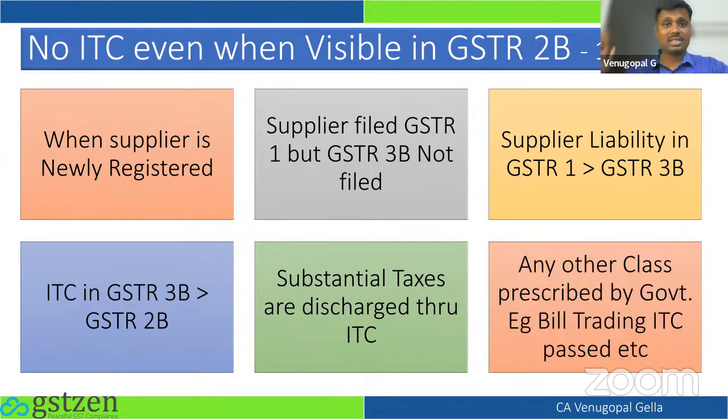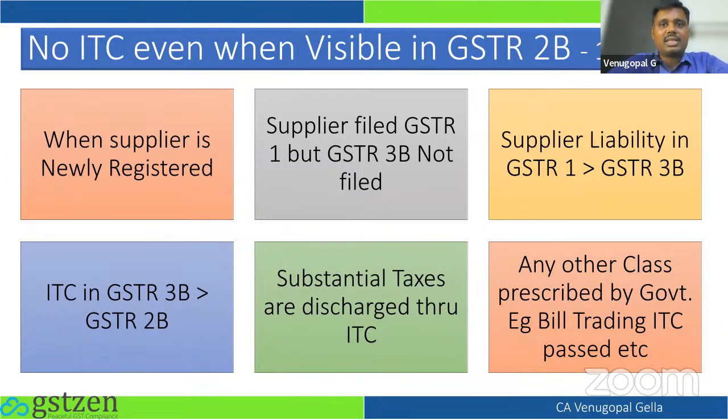Lastly, which is like an unknown thing. None of these conditions are violated, but the government may prescribe a class of persons and say these are blacklisted. In RBI, from time to time they release a list of vendors as willful defaulters, so that banks should not give any loans to these people.